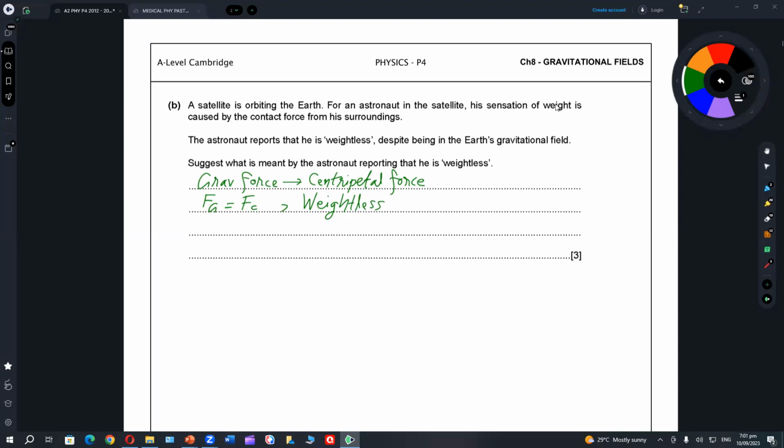And only the sensation is coming, that's a difference. Sensation is Fg minus Fc.